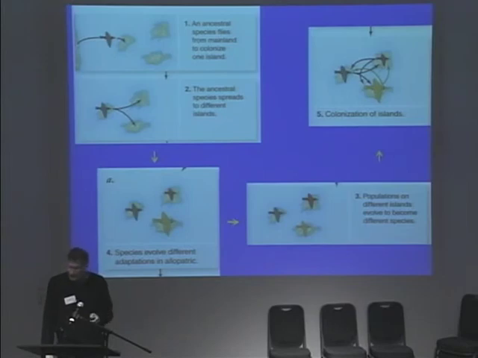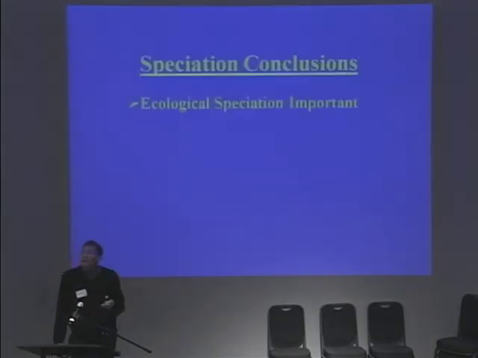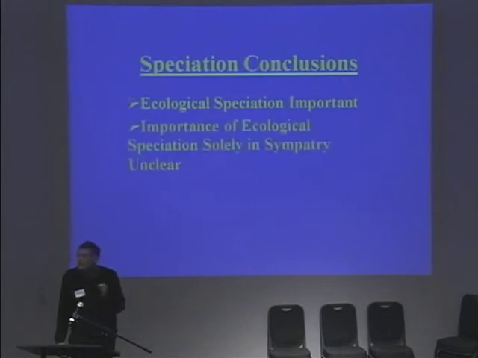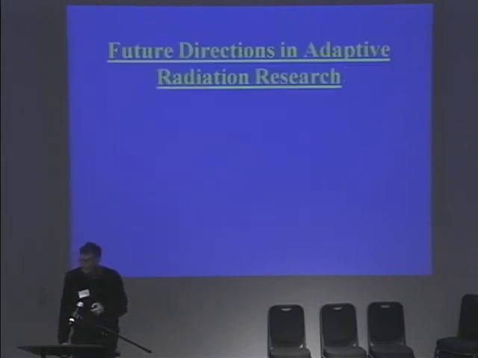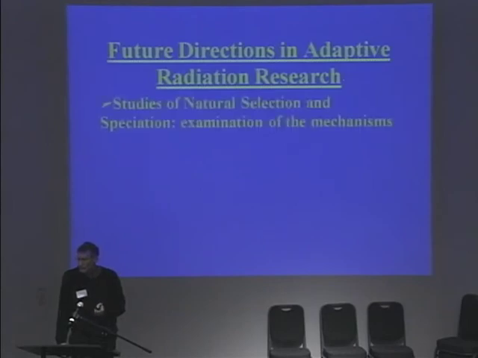The bottom line on speciation is we don't know. I don't think sympatric speciation is well supported. Ecological divergence in allopatry probably plays a role, and non-adaptive speciation processes may also be important. So, future directions: more studies on natural selection and speciation.